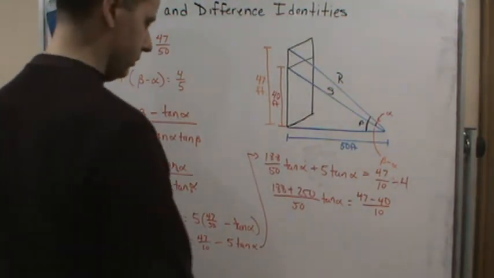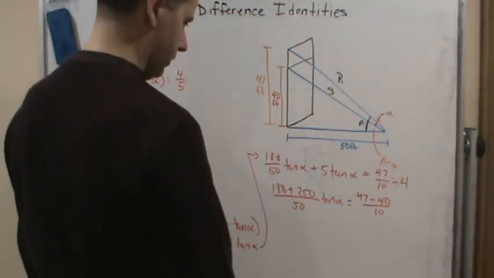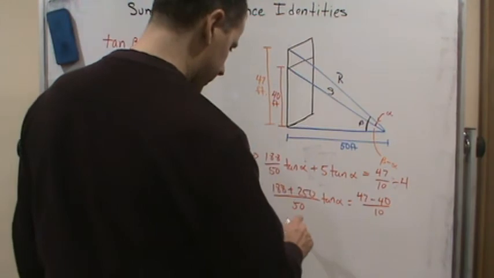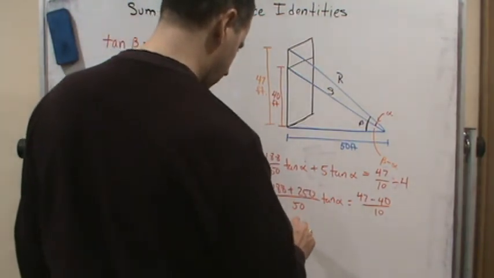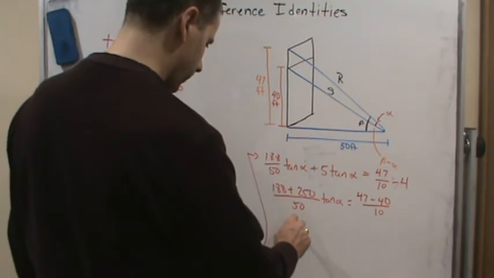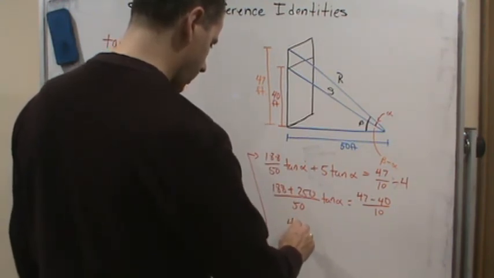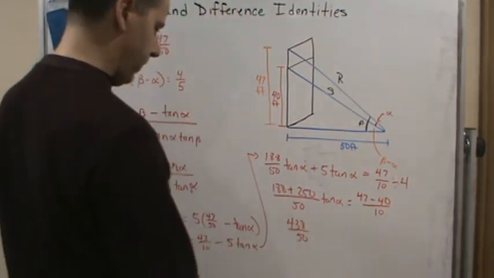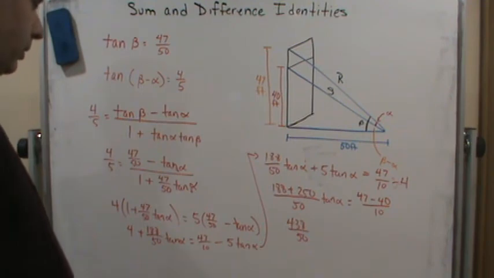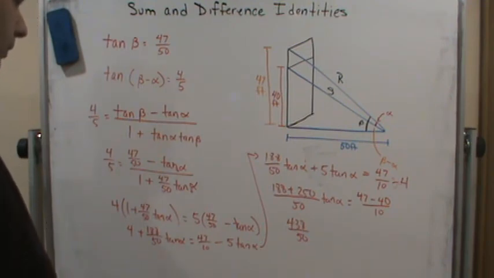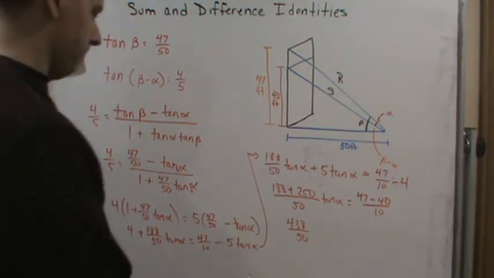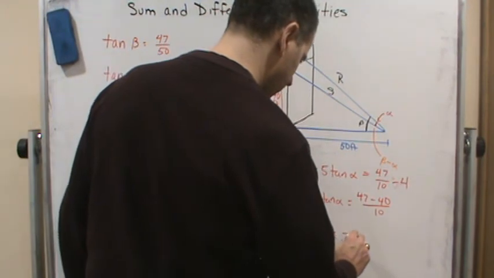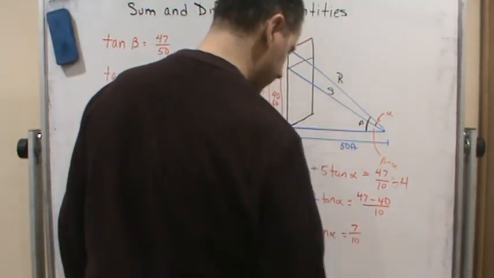Okay, and so this is going to end up being what? 438/50, right? Tangent alpha equals 7/10.